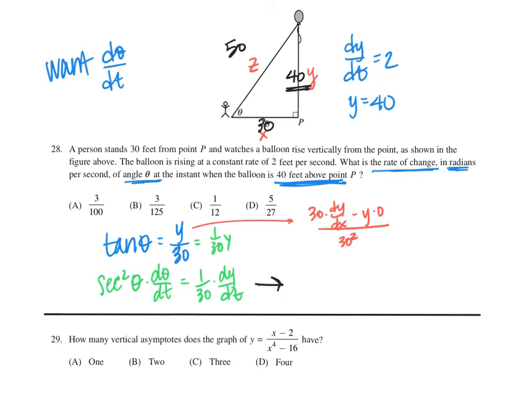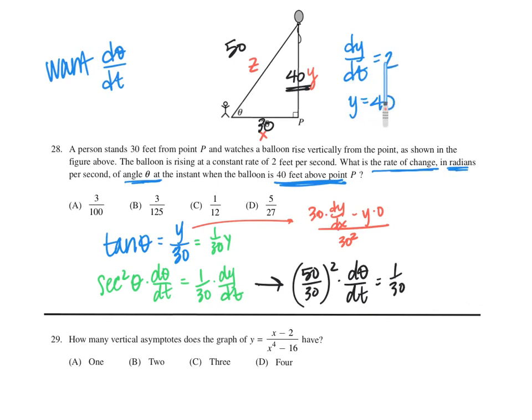Again, if the secant is the reciprocal of cosine, and cosine is adjacent over hypotenuse, 30 50ths, the secant would be hypotenuse over adjacent, which is 50 30ths. So I'm going to have 50 30ths squared times d theta dt, that's what we want, equals 1/30th dy dt.